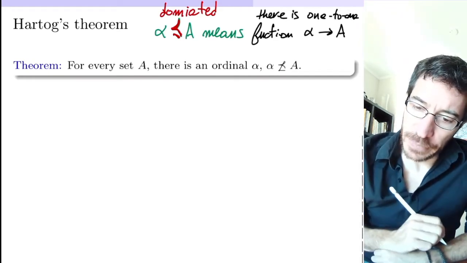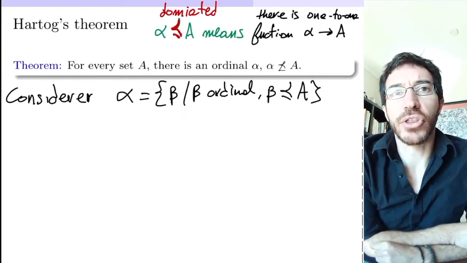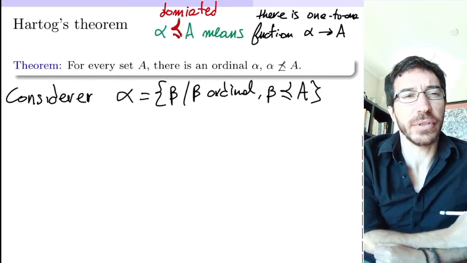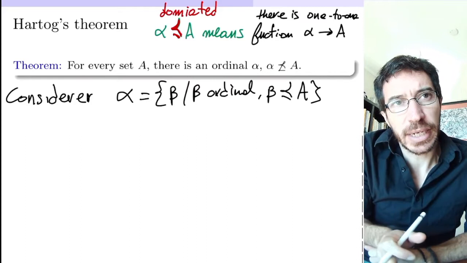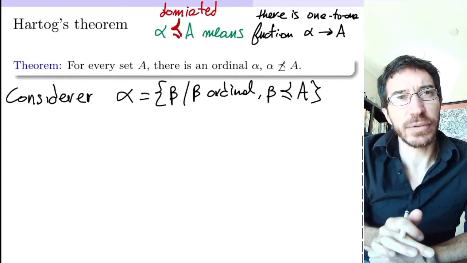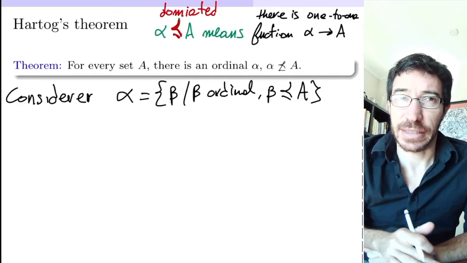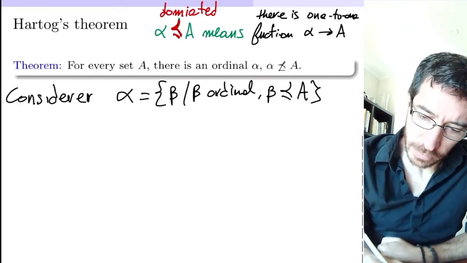So consider the following: the set of all ordinals which are dominated by A. It says set, but obviously you're not using the subset axiom right there. I just put beta such that something. So we have to show this is a set before we can talk about it as a set, right? So why is this?